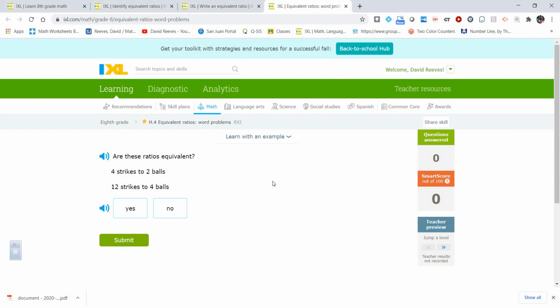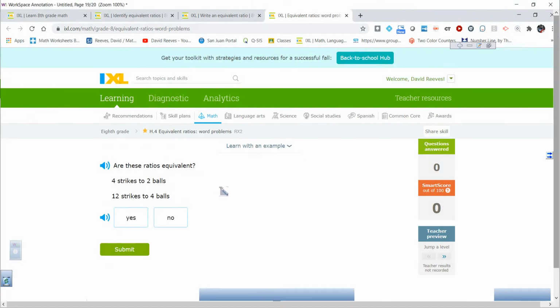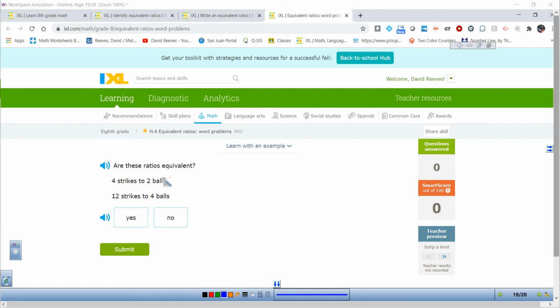Are these ratios equivalent? Well, all they did was add words to what we were doing before. 4 strikes to 2 balls, 12 strikes to 4 balls, okay? Now, one thing I didn't really talk about before is we've been comparing that one to that one and that one to that one. So if we did that, do you agree that 4 is twice as big as 2, right?